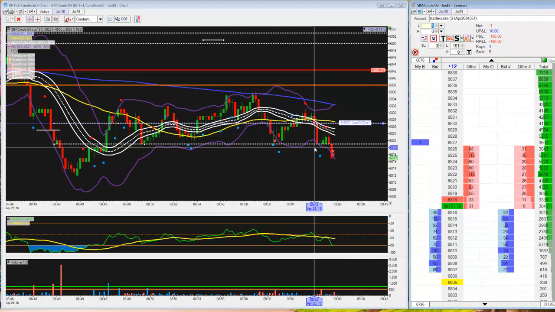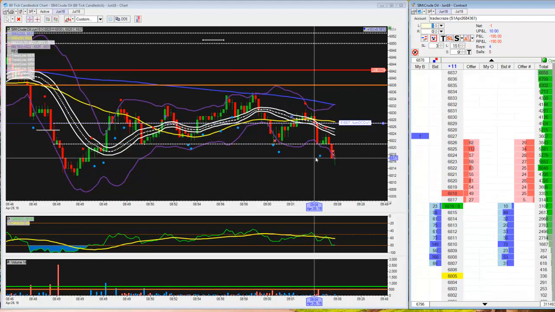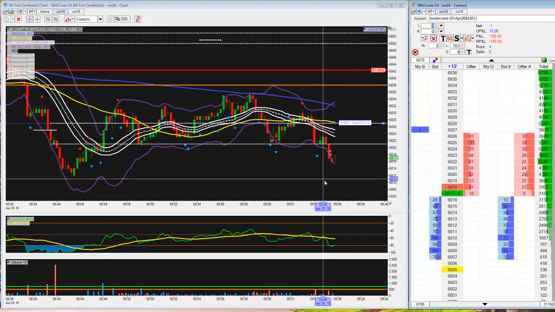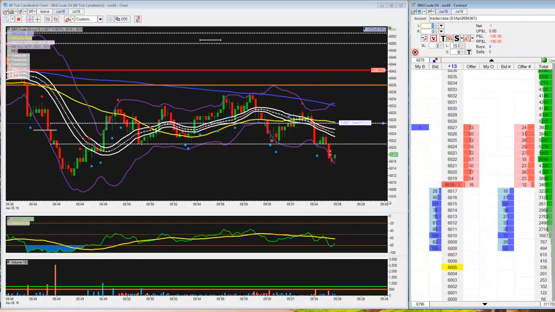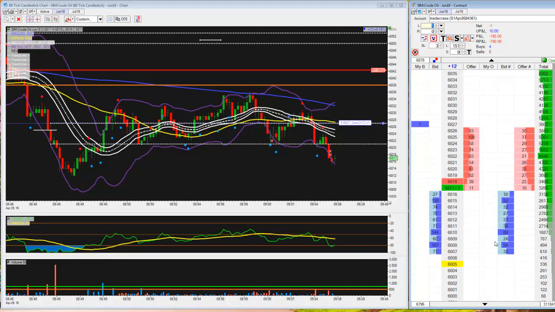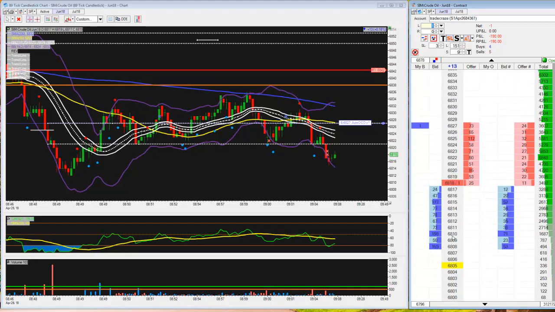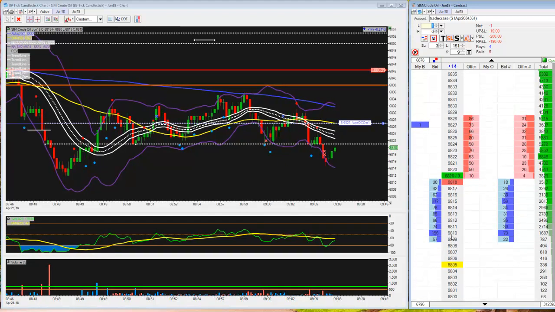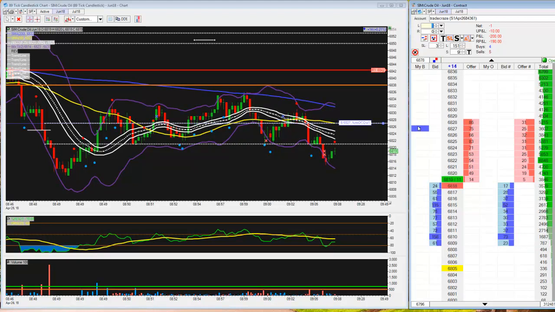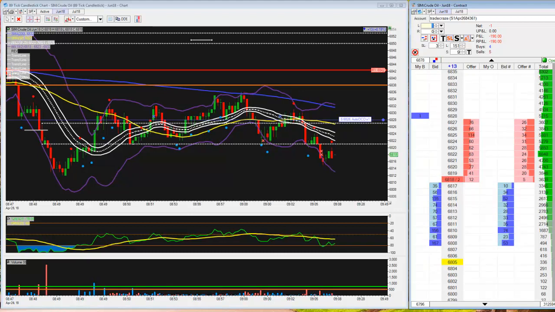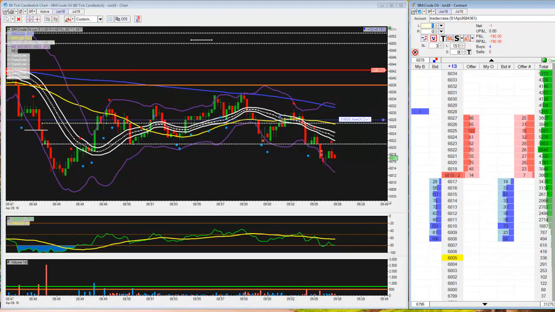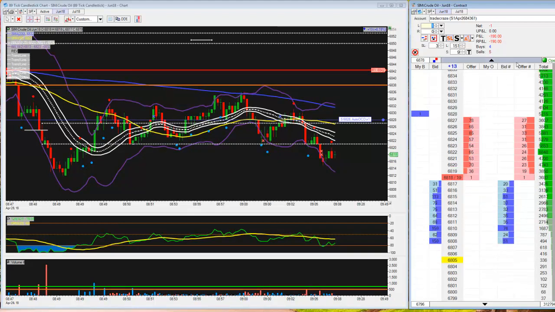And this will be a failure mark. 66.78 is the Gann signal down.